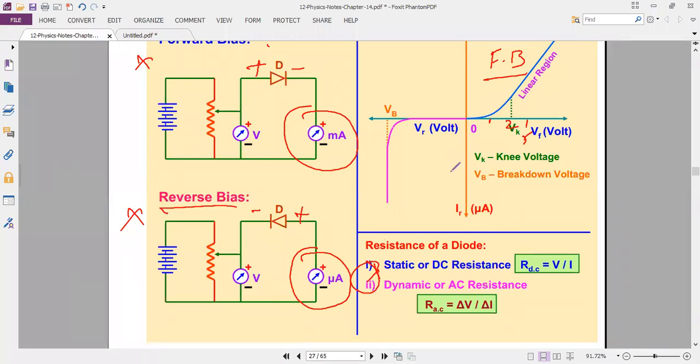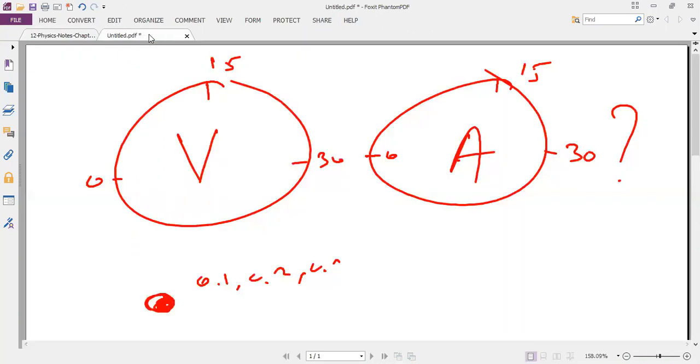Next, reverse bias. See here, in reverse bias also the circuit diagram is the same, but only the connection format is different. Same format: 0.1, 0.2, 0.3, like that I'm giving.